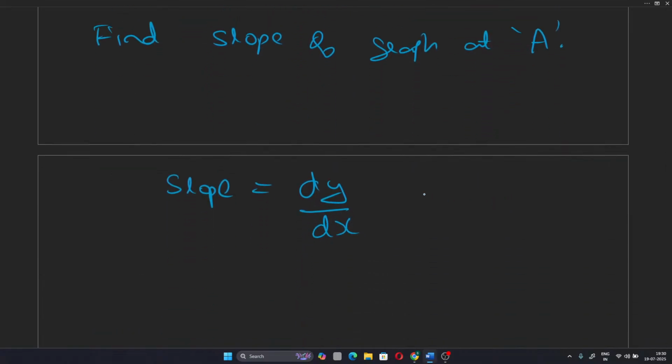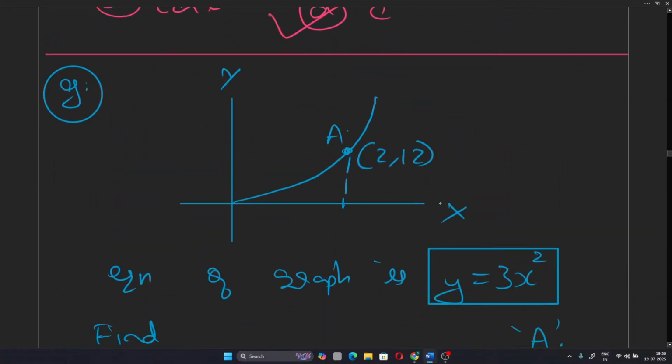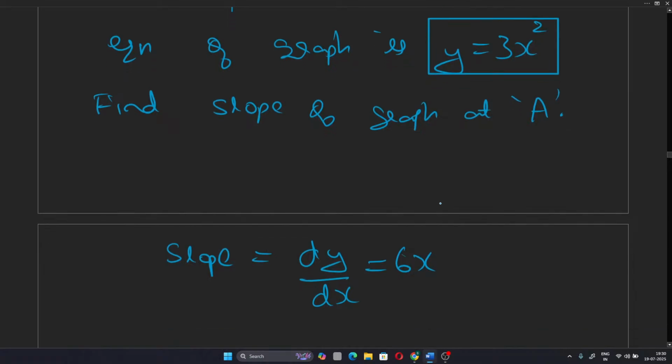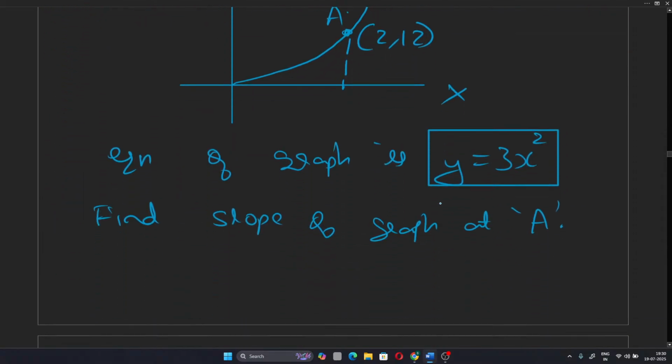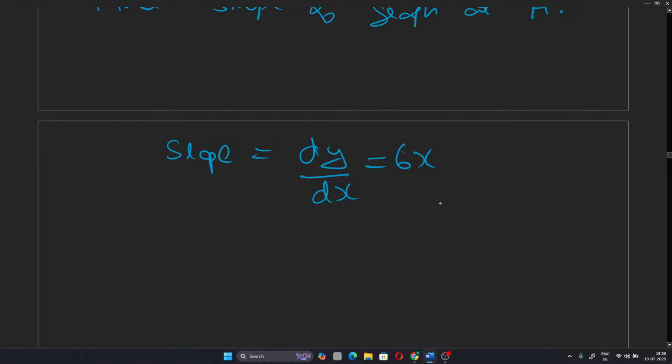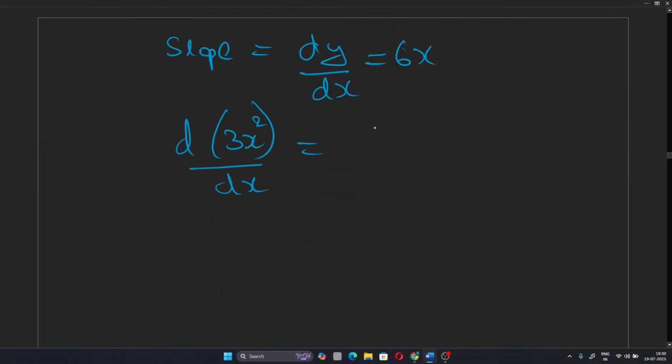Basically dy by dx is d of 3x square by dx, which we will get as 6x.